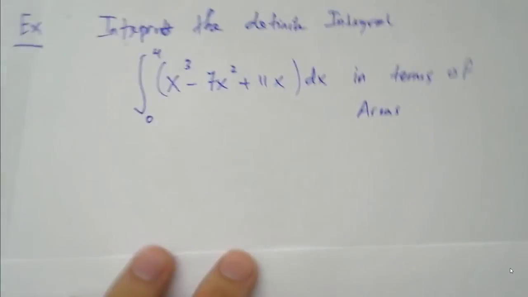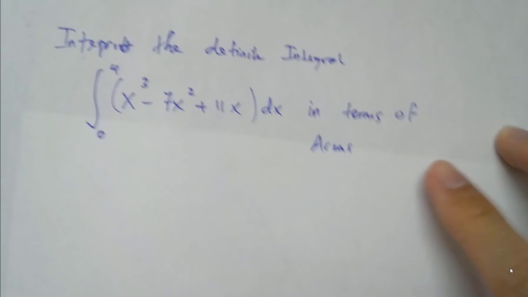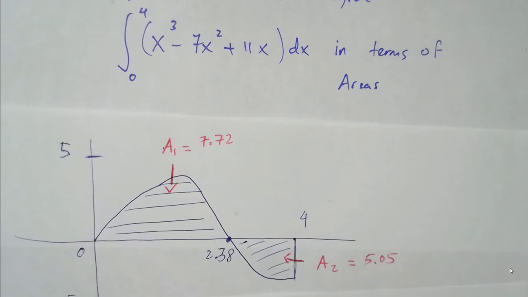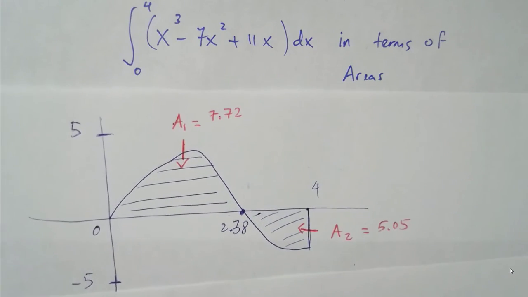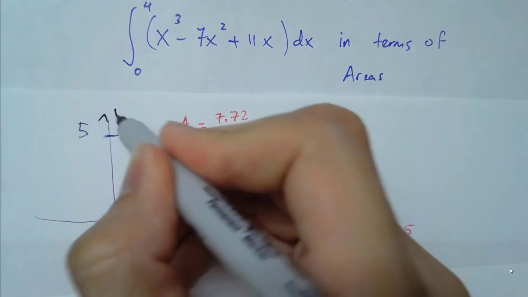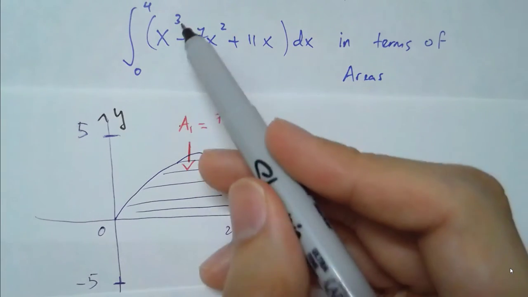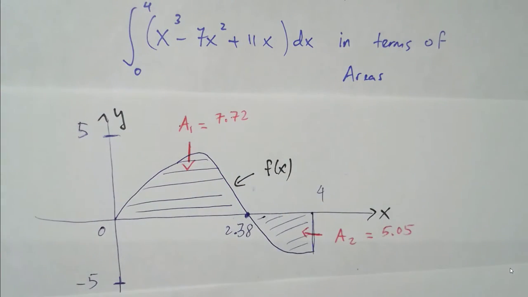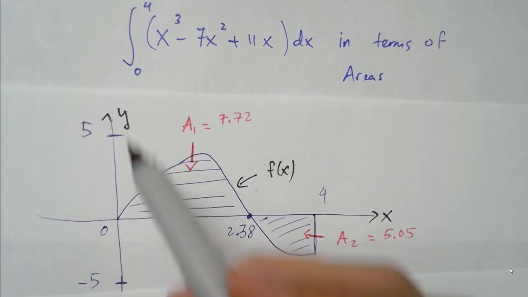Alright, first let's visualize what that area looks like on the xy plane. If we graph this on the xy plane, we get something like this. This is the function f of x, which is x to the third power minus 7x squared plus 11x, and we are looking from the point 0 to 4.